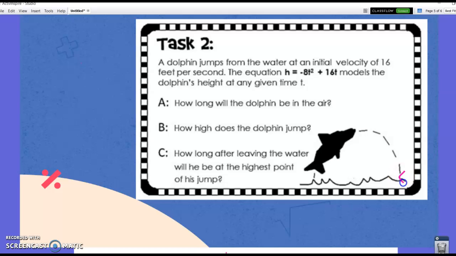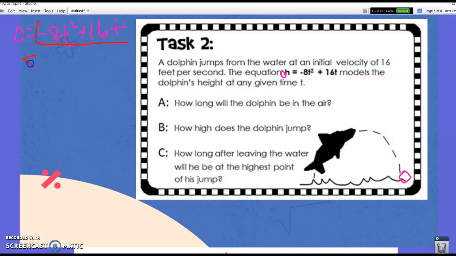So we're looking for the 0 value right here and the t value when we're there. So we're going to substitute h as 0 and solve for our x-intercepts. So if we have 0 equals negative 8t squared plus 16t, I can solve this by GCFing again, because I noticed the 8 and the 16 are both divisible by 8.